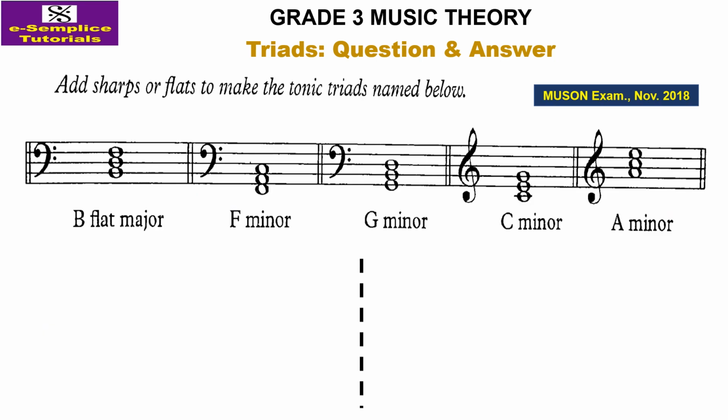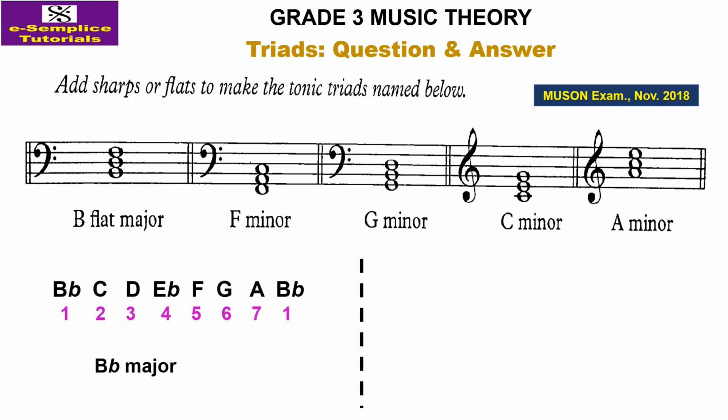Now we move to another question from Muson examination November 2018, and the question says add sharps or flats to make the tonic triads named below. Now let's start with B flat major. As usual, the normal process, so that you'll be able to know which of the notes will have a sharp or a flat, depending on the key given.